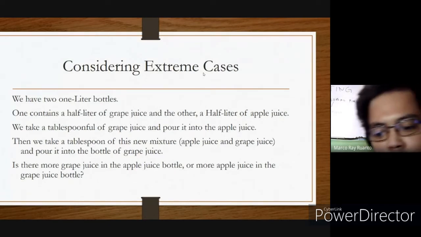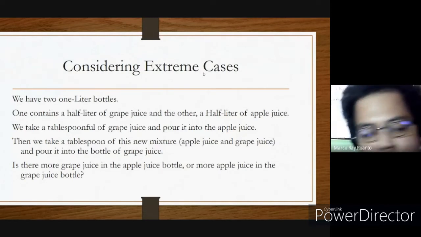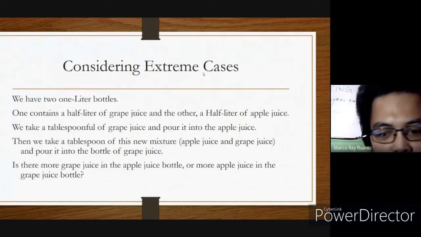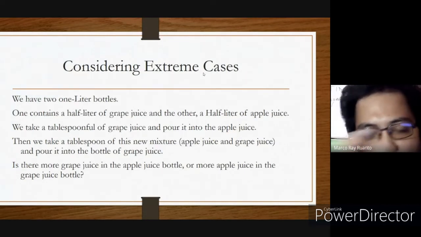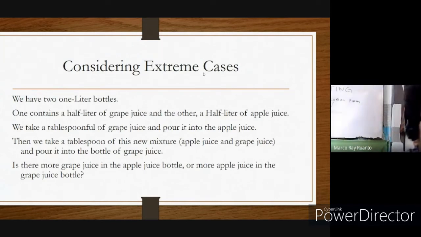So instead of doing one tablespoon to the other, we pour it into one large container. So which is more now, grape juice in apple juice or apple juice in grape juice?